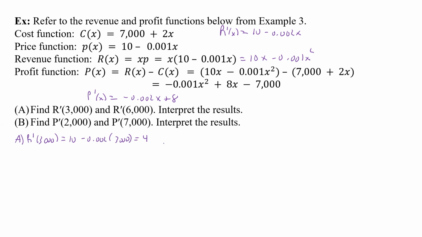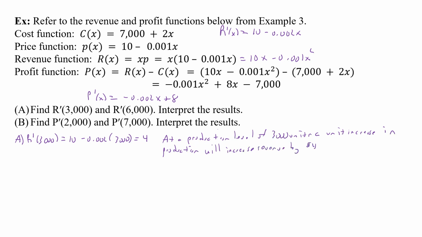So that means at a production level of 3,000 units in this case, a unit increase in production will increase the revenue by $4. Okay. So that's what will happen if we do that.